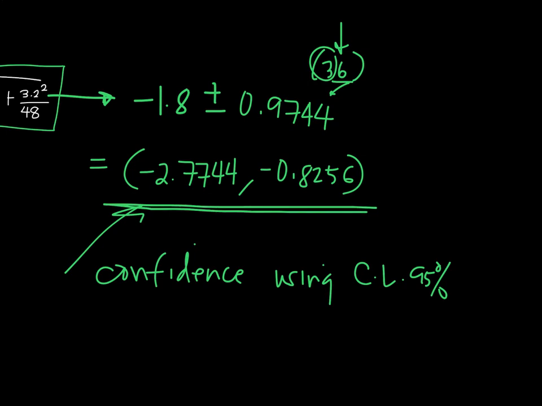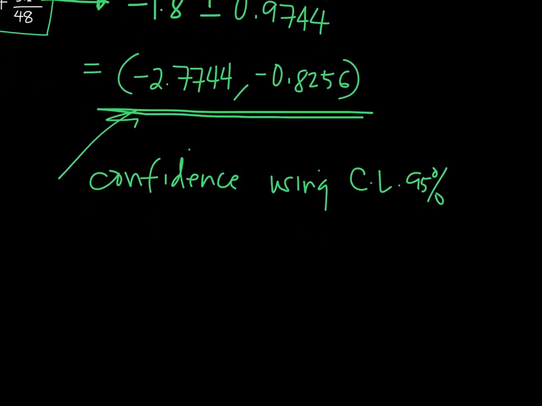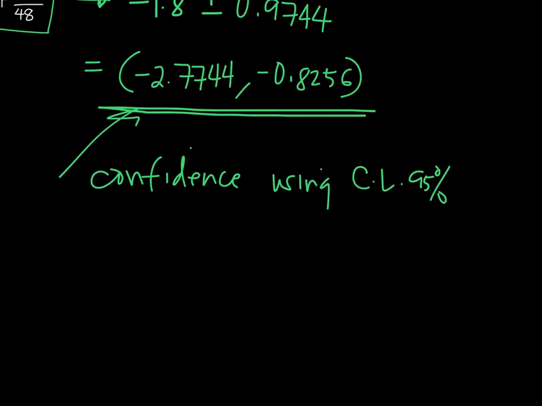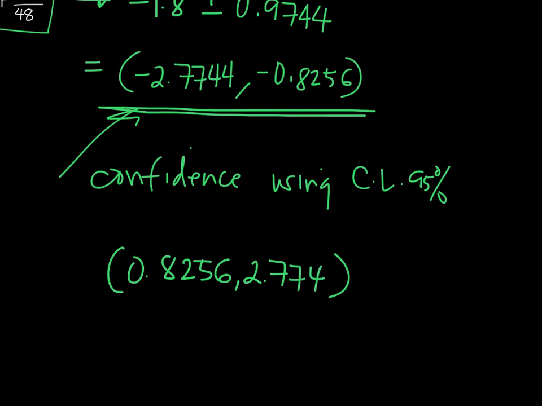Now it's easier to think of the positive difference. If we take the absolute value of these numbers, the difference will be about 0.8256 up to 2.7744. So the difference could lie anywhere between 0.8256 and 2.7744.